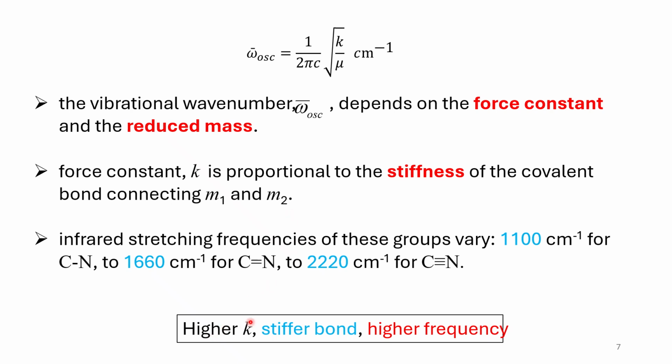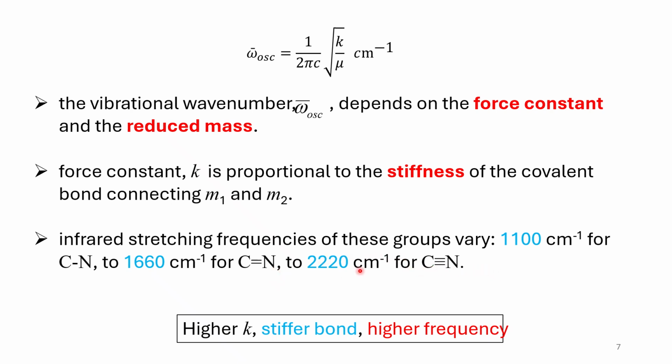So the higher the value of the force constant, the stiffer is the bond and the higher will be the vibrational frequency. For example, the infrared stretching frequency of this group will change for C single bond N, C double bond N, and also C triple bond N.